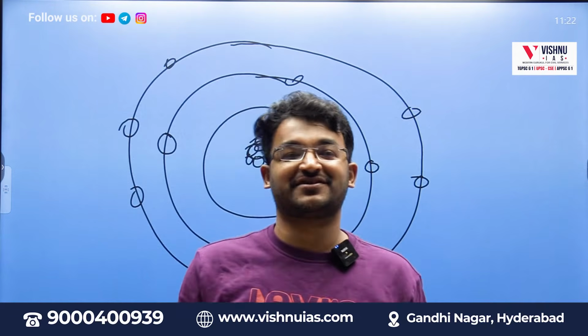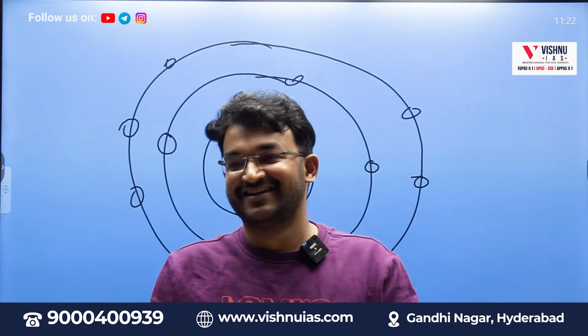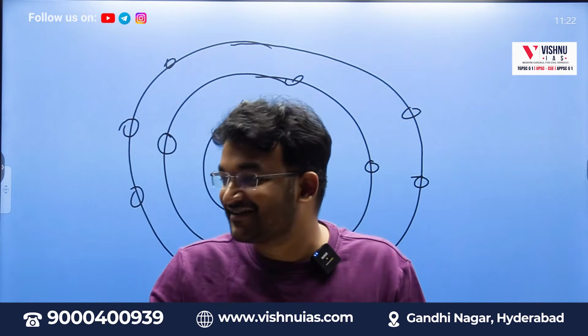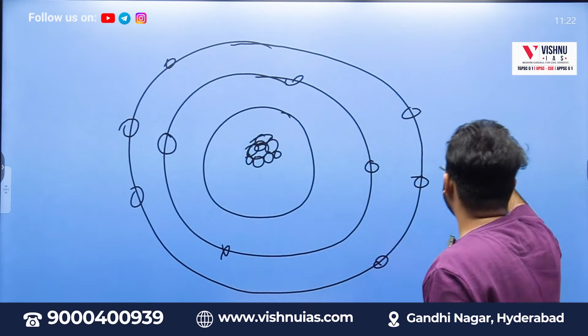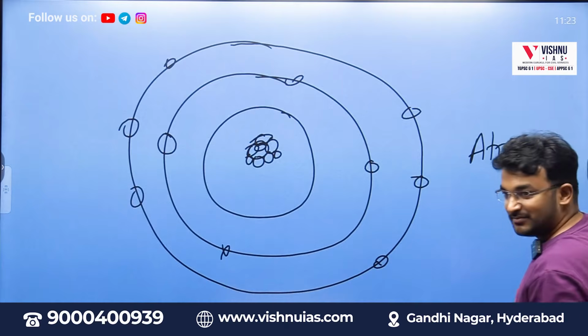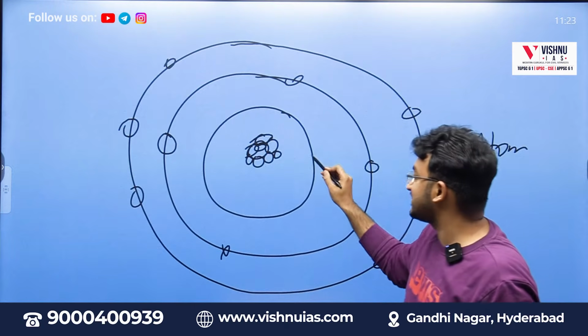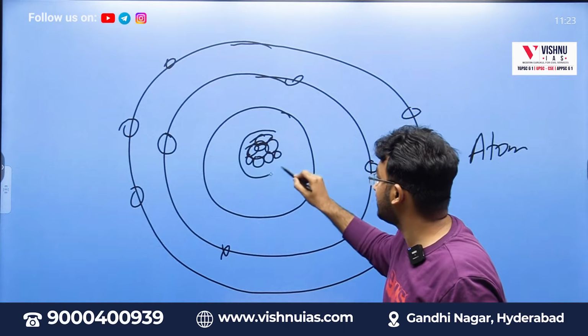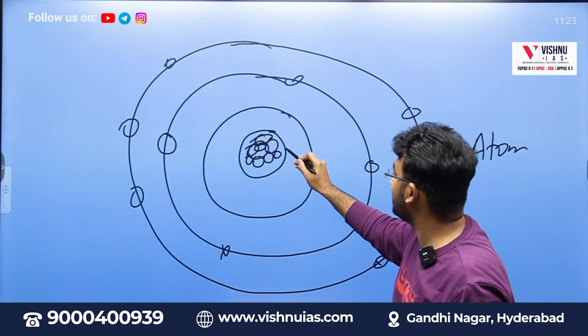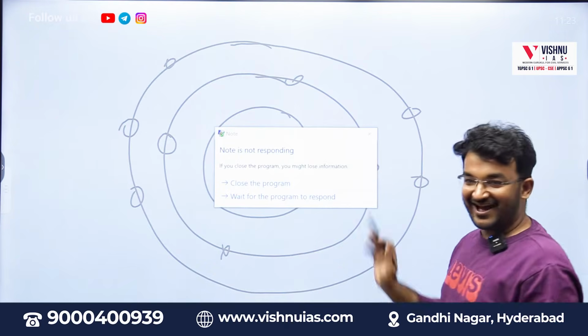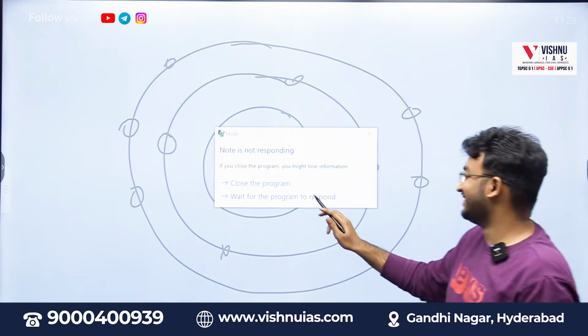Your answer decides whether I am a good artist or not. What is this? Atom. So I am a very good artist. Now, see. So if this is an atom, what is this?